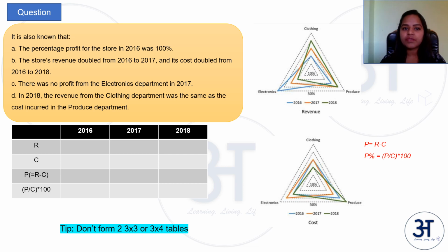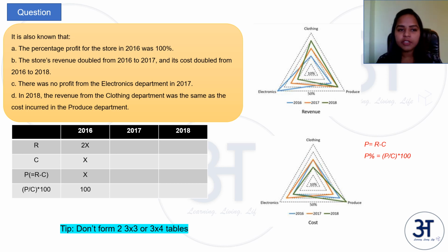The percentage of profit in 2016 is 100%. So say the cost is X. The profit will also be X, right? Because the profit percentage is 100%. So now you get the cost and profit. We know that revenue minus cost is profit, so revenue will be profit plus cost, which will be 2X. In this way we filled the first column.